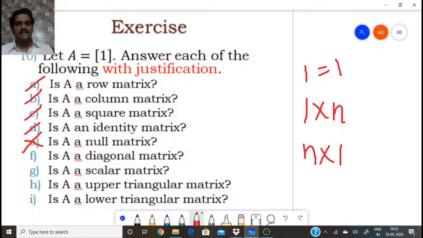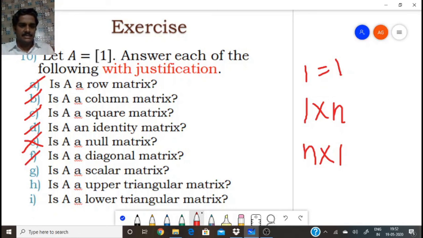And what we have in our case is a square matrix in which the diagonal entry is 1. There are no non-diagonal entries, so we need not worry about zeros. So we have a diagonal matrix. A is nothing but a diagonal matrix. So the answer is yes.